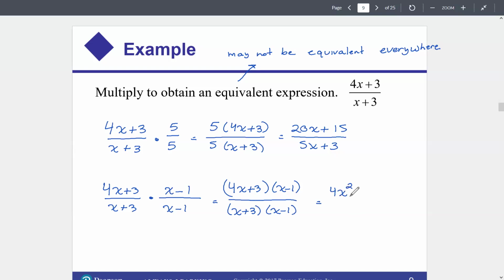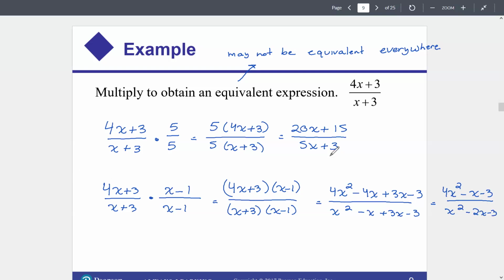And we end up with 4x squared, let me do my FOIL the correct way. 4x squared minus 4x plus 3x minus 3 over x squared minus x plus 3x minus 3, which is going to be 4x squared minus x minus 3 over x squared plus 2x minus 3.